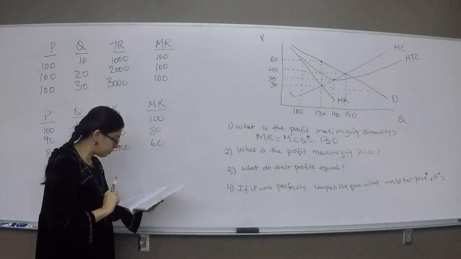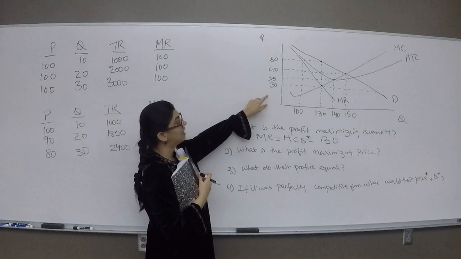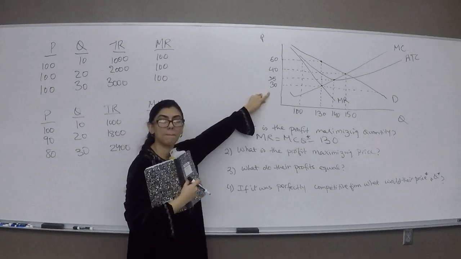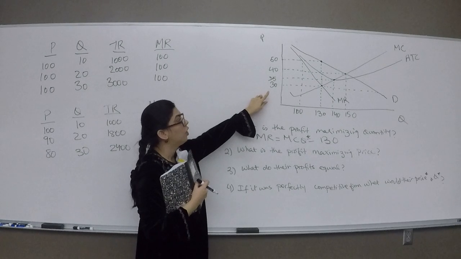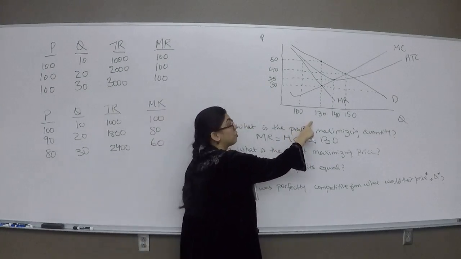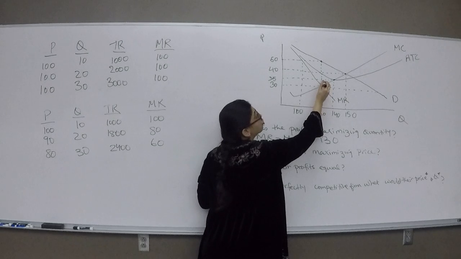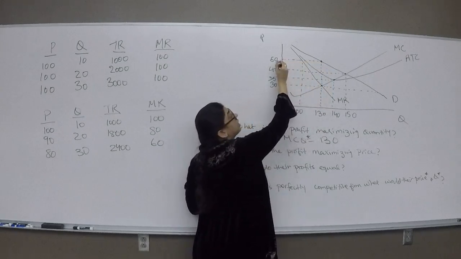Now, what is the profit maximizing price? Is the price $30? It's not $30. This is monopoly. What they do is, at the profit maximizing quantity, you go straight up and charge the highest price possible.